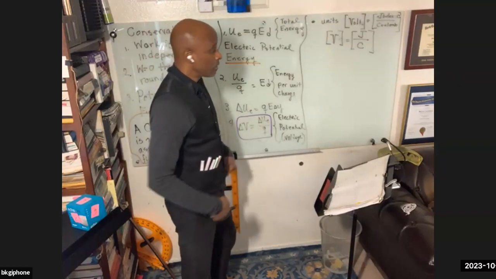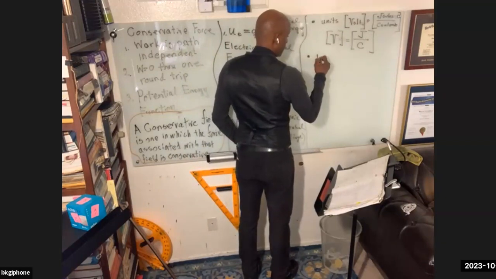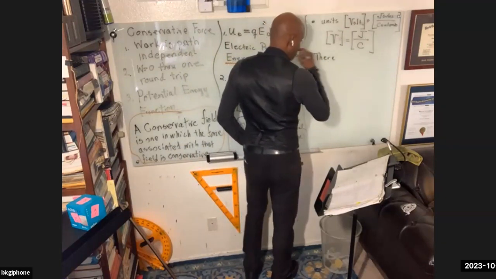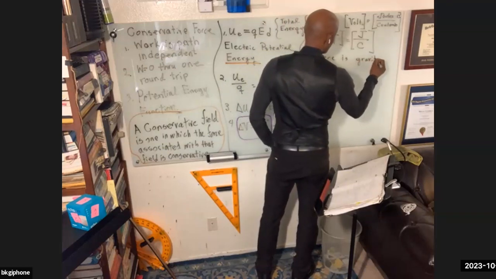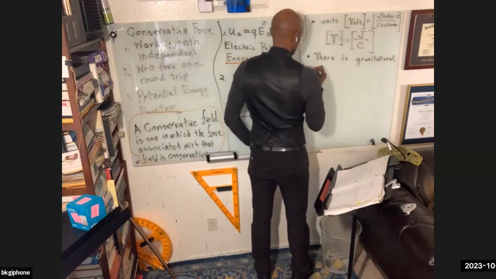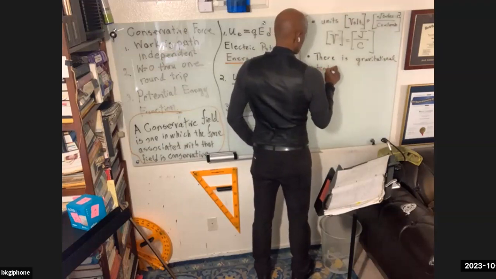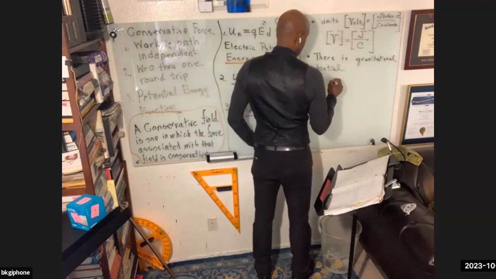In the case of gravity, there is a gravitational potential, and it is defined the same way. I'll just put a V because that's the only symbol we have, though I think they actually use phi.